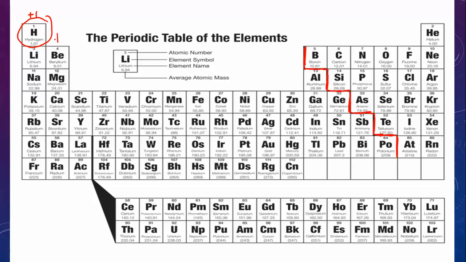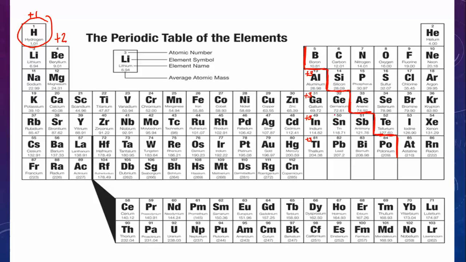Right next to it, beryllium and its family of alkaline metals will lose 2 electrons. Over here, aluminum, the +3, its neighbor gallium, +3, indium, +3, thallium, +3.